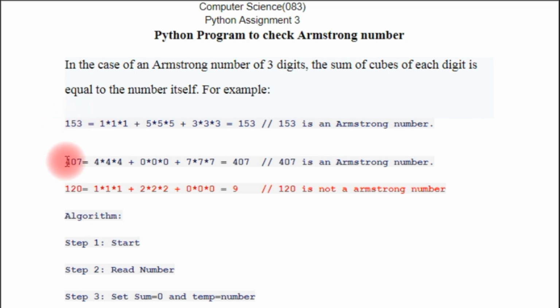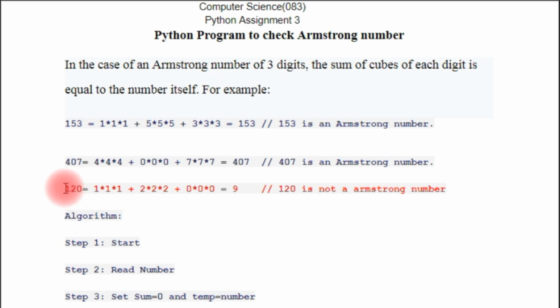Let us see another number, 407. Since it is also a 3-digit number, we calculate 4 cube plus 0 cube plus 7 cube. The final value is also 407, which is equal to the actual number. Here we can conclude 407 is an Armstrong number.